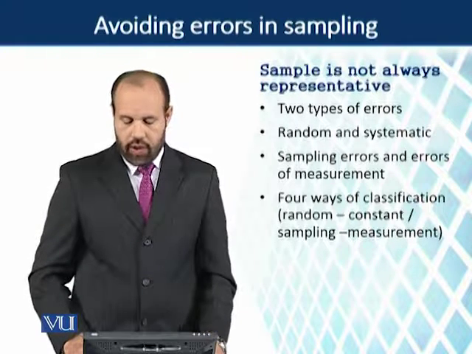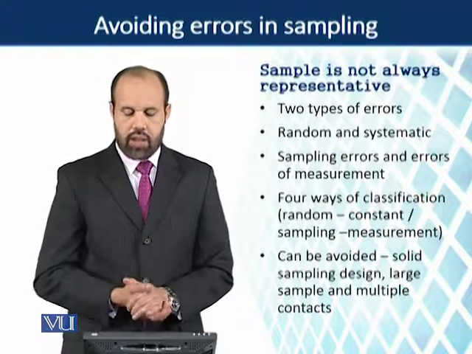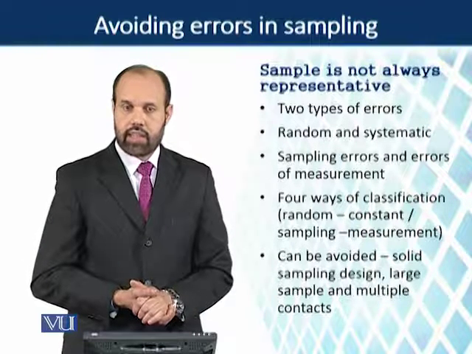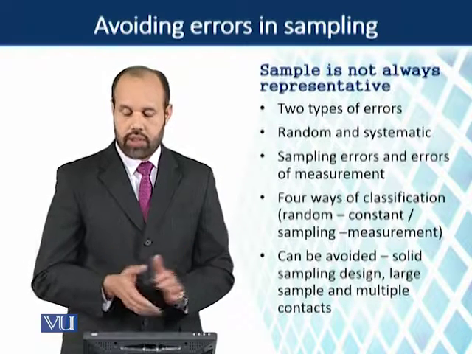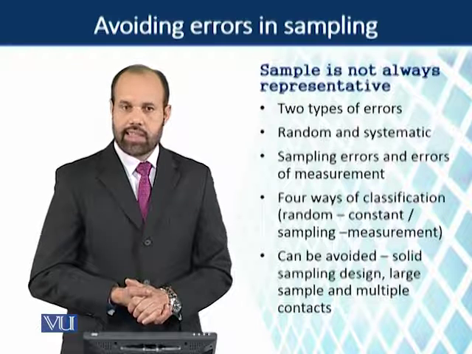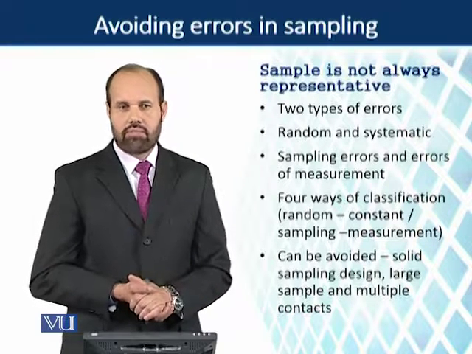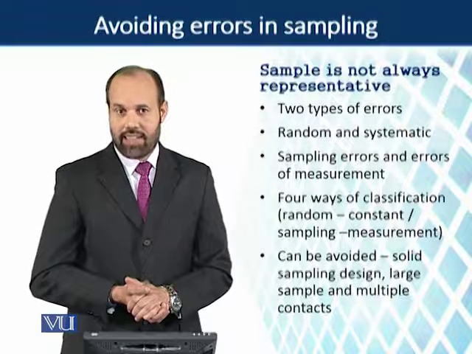So in order to avoid these errors, we must be coming up with a solid research design. That's a basic requirement from good researchers, that they would go for a solid sampling design so that there is very little or zero sampling error chance, okay?